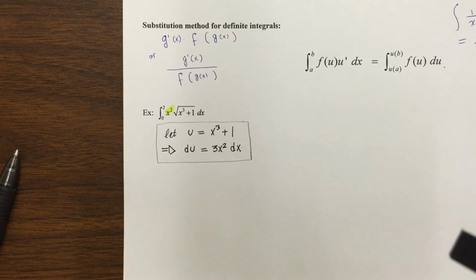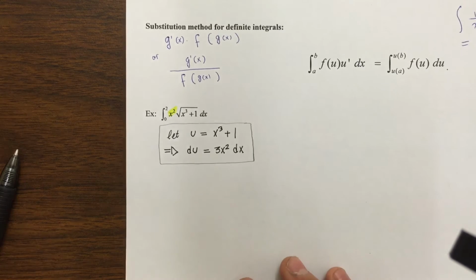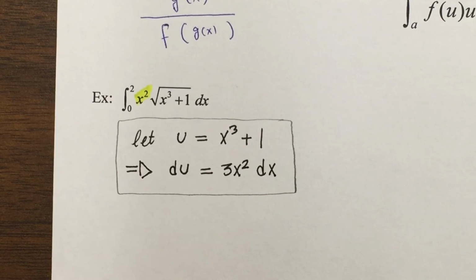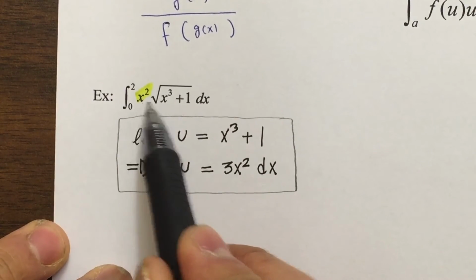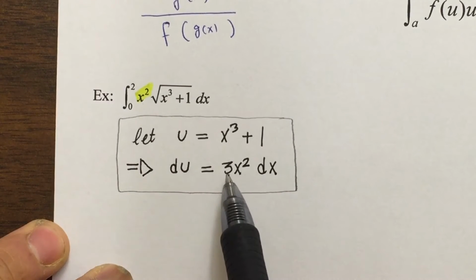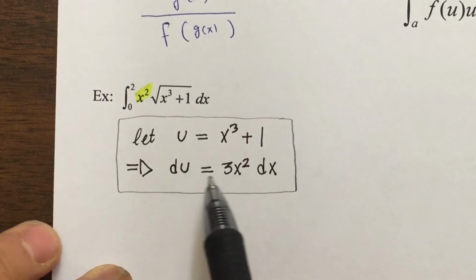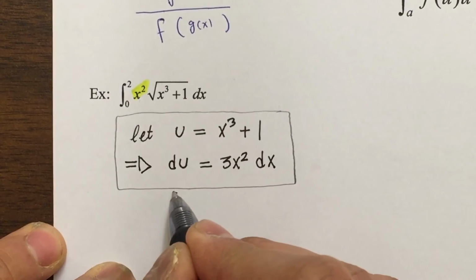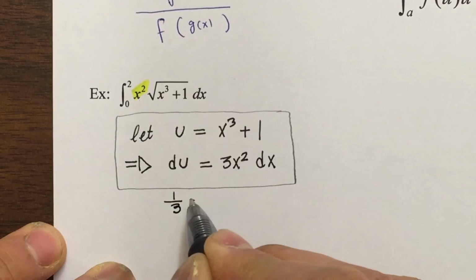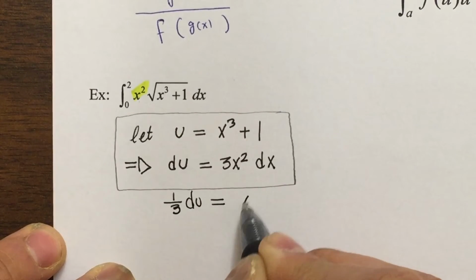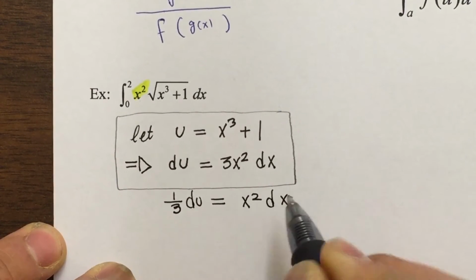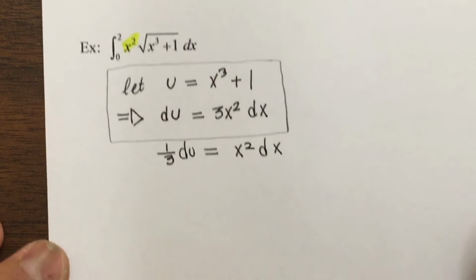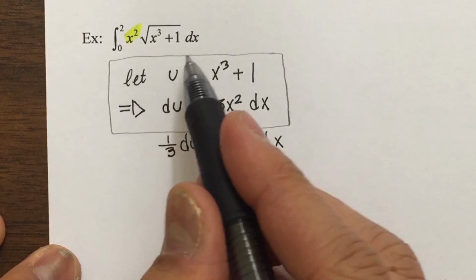Keep in mind that now we're going to perform a substitution, but here's the problem though. We do see there is an x squared dx, but we don't see a 3. So before we make that substitution, we need to get rid of that 3. To get rid of that 3, all you have to do is multiply or divide both sides by 3. So we have x squared dx, which is right there. What I'm going to do next is go back and perform the substitution.